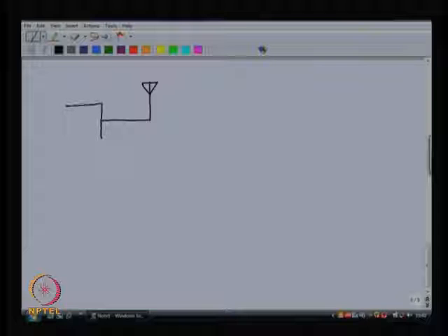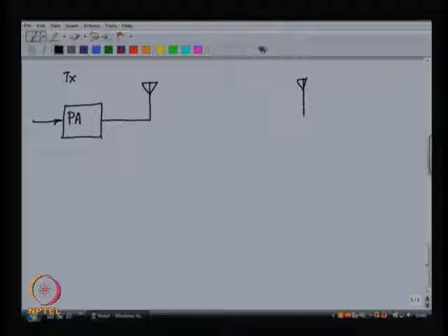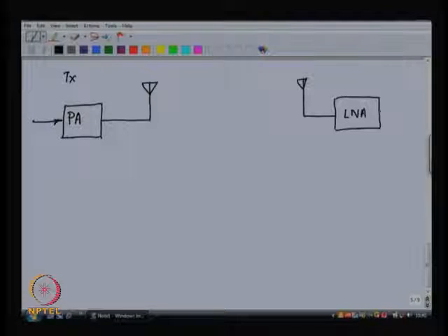So, the first thing that we need to talk about. I am not going to draw the duplexer, the duplexer is assumed. So, the first thing is as follows, that we have a transmitter on the base station and we have a receiver on our handset, or we have a transmitter on the handset and we have a receiver on the base station, both cases.